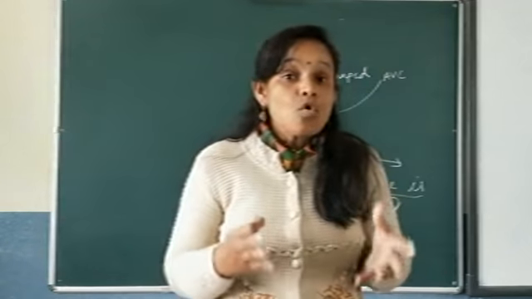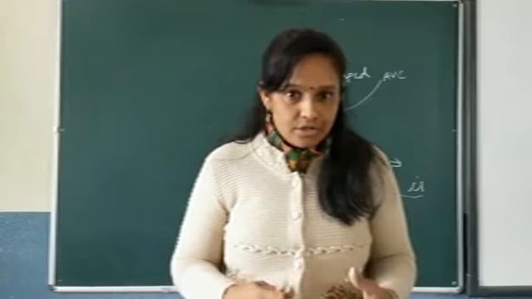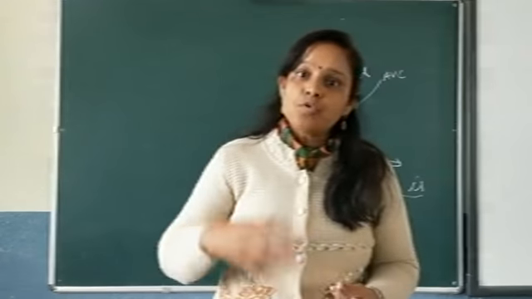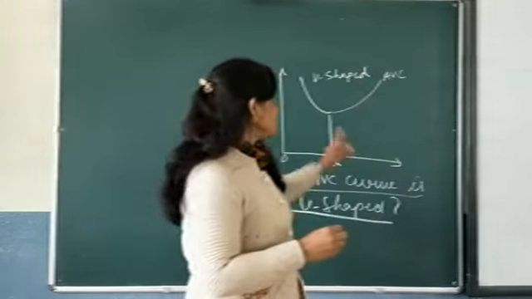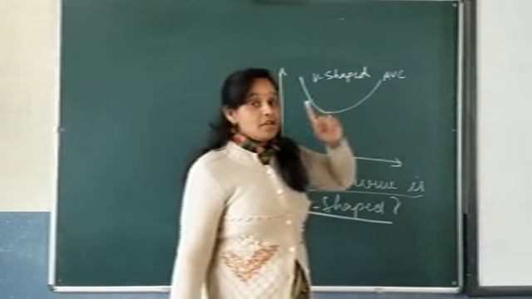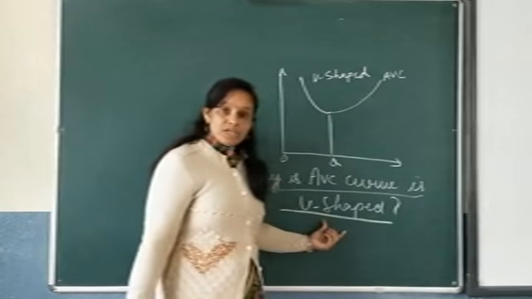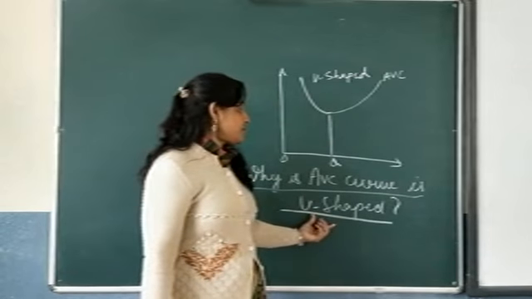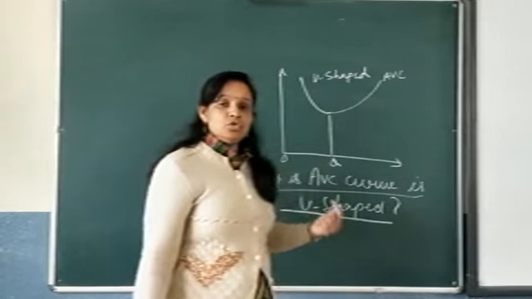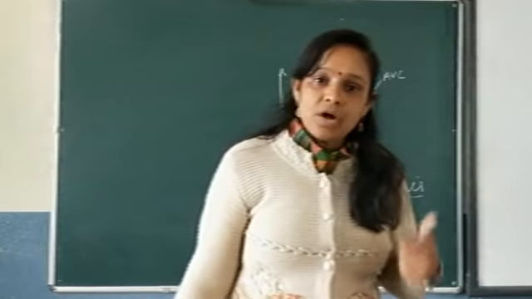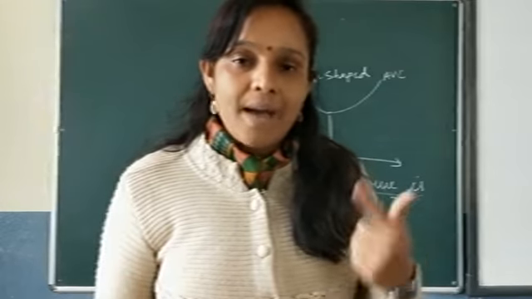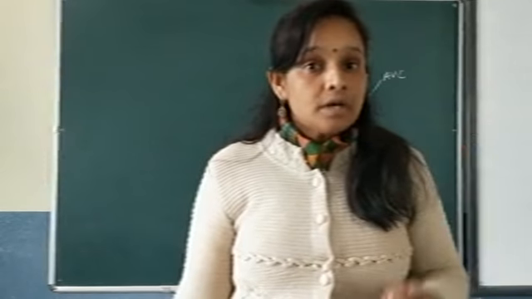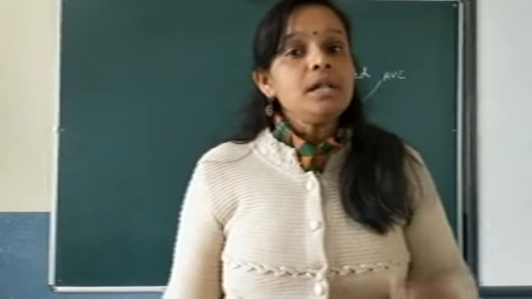Then what happened? Overcrowding. This led to lesser output and more cost, and that's why you see average variable cost is rising. So what is the answer of the question? Why is average variable cost curve U-shaped? Average variable cost curve is U-shaped due to the application of the law of variable proportion.